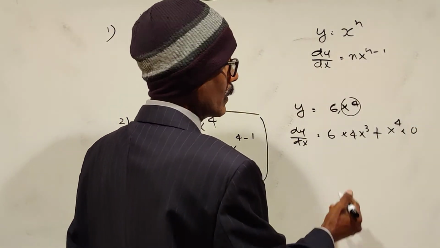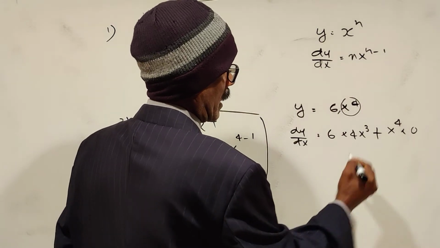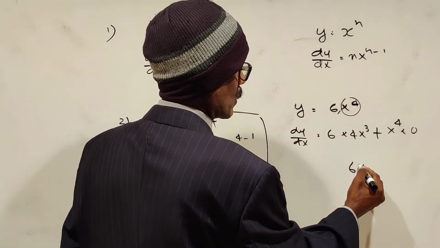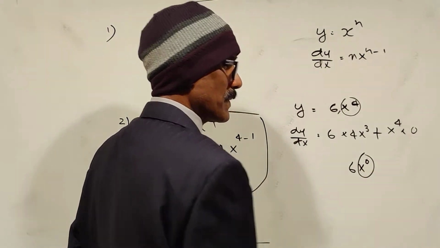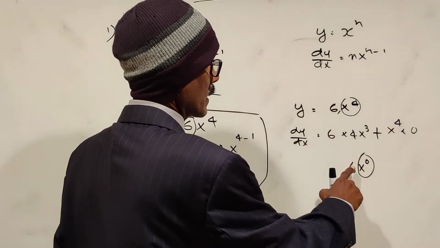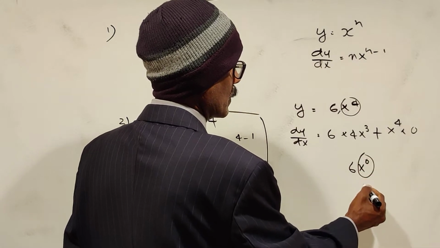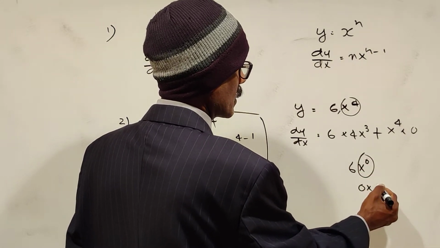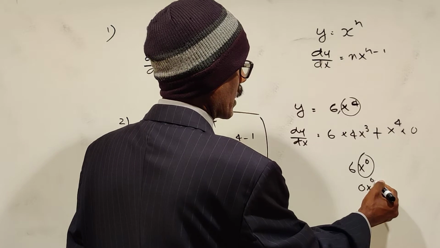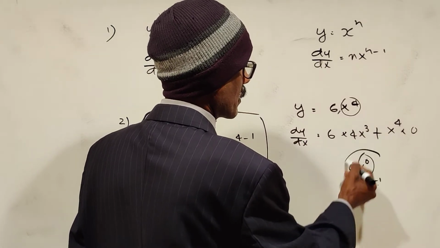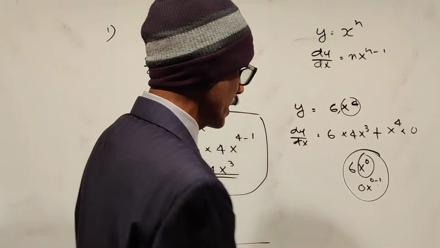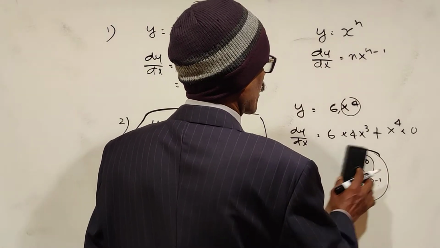How can you get 0? See, 6 means 6x to the power 0, and x to the power 0 is always 1. How can you differentiate x to the power 0? 0 times x to the power 0 minus 1. 0 times any number becomes 0, so the whole thing becomes 0. So you don't need to do the product rule.